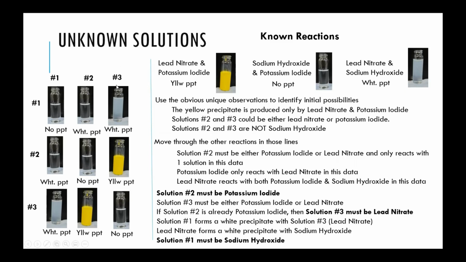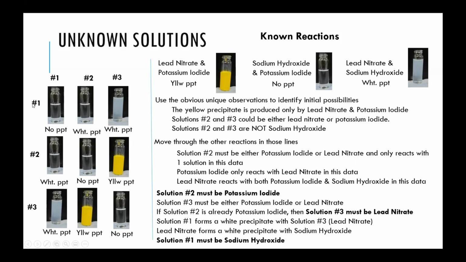That means solution number 3 should be the lead nitrate, and this can be confirmed with the fact that it does form another precipitate, both the yellow precipitate and an additional white precipitate. So lastly, solution number 1 must be the sodium hydroxide, and you can check this.